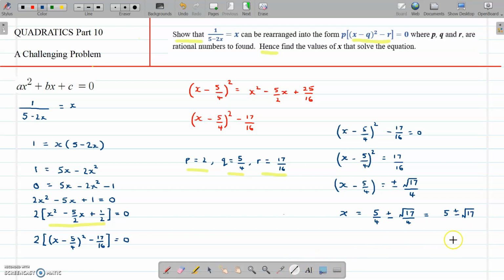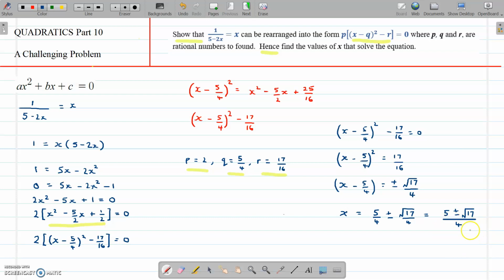Okay, now this could have been a calculator paper, and it could have asked you to give the answers to 3 significant figures or something like that. It could just as easily have been on a non-calculator paper, and it would have said leave the answers in exact form, or as simplified surds.